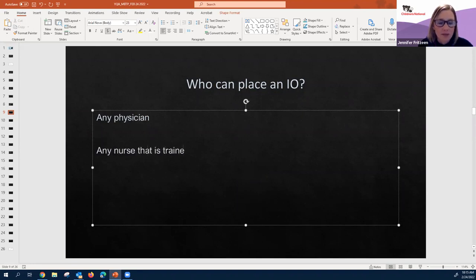I believe that the emergency department nurses who work in the code room have IO placement as part of their competencies. And so as long as those are completed, nursing can do that. Transport also, yes.